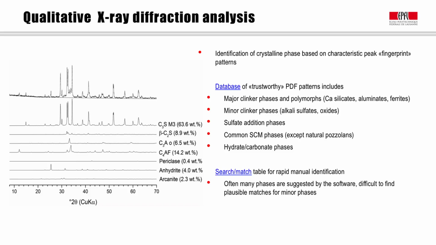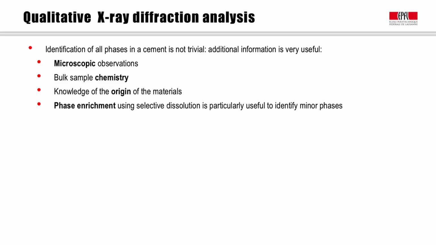This way, we also need to rely on other information, such as microscopic observations or knowledge of the bulk sample chemistry, or just knowing what kind of phases can be present in your material.